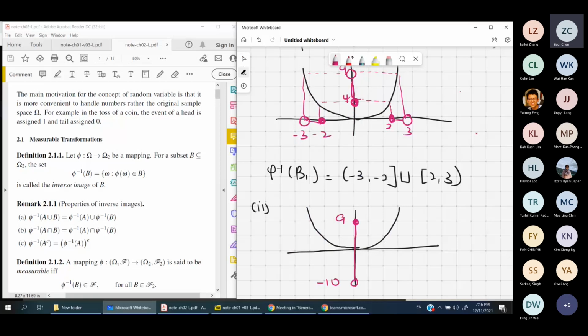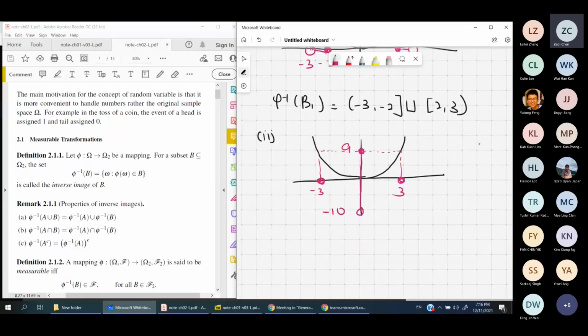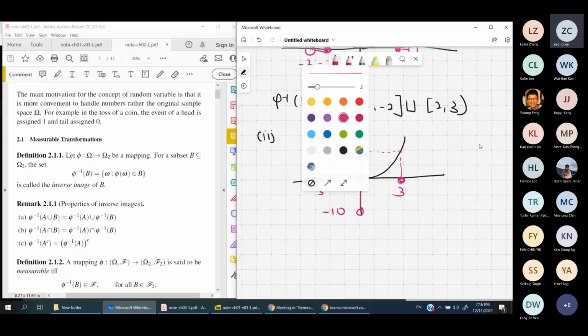The negative part won't affect a thing, so that means we only have this, -3 to 3, so that means including this. Therefore, in this case, the negative part will not contribute anything to the answer. So the inverse image of B2 will be -3 to 3, including these two endpoints.